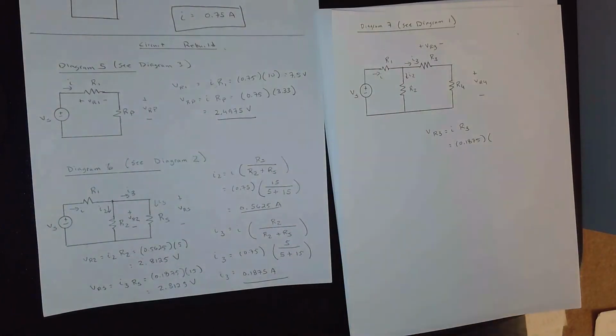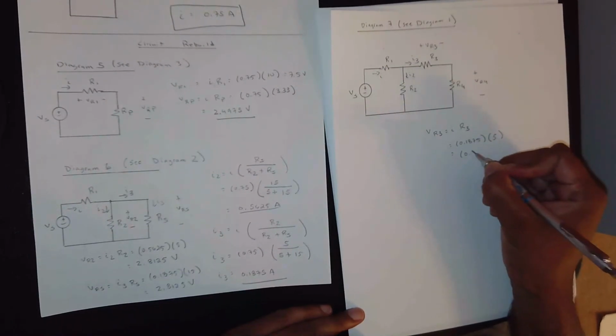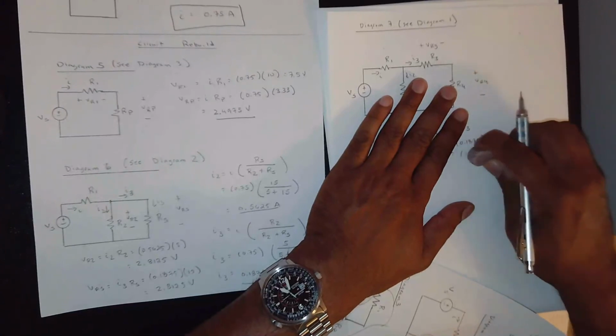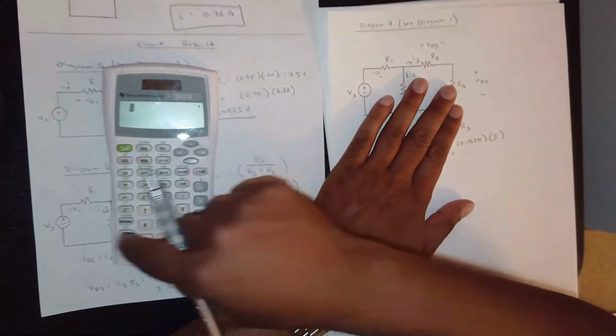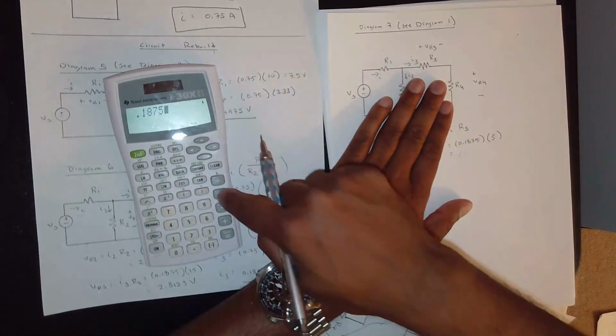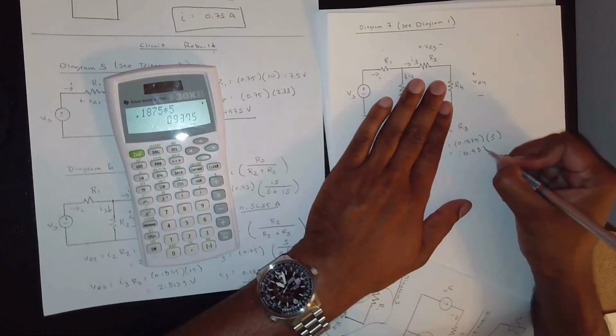My original R3 value is on my other sheet of paper, which is 5. Okay, so this is 0.1875 times 5, which is 0.9375.